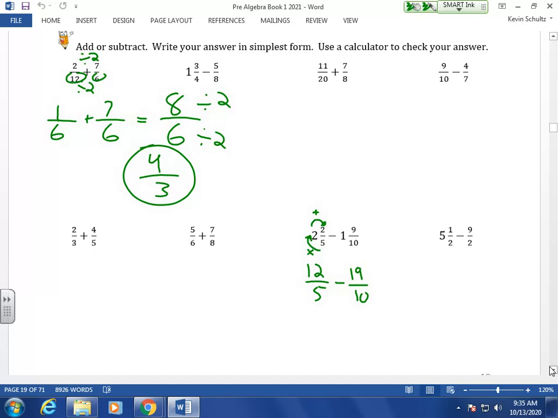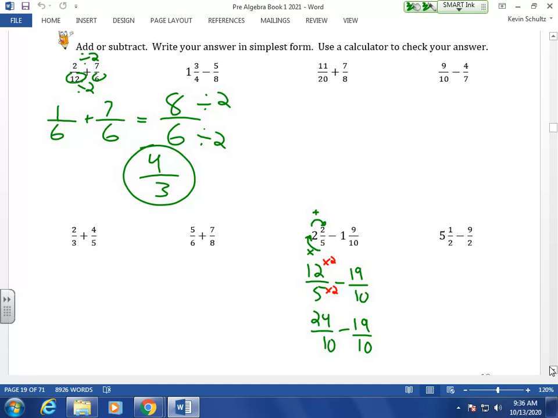Yeah, it is 10. One fraction is already written with the denominator of 10. The other one, we're going to have to multiply both 12 and 5 by 2 to get there. So we get 24/10 minus 19/10. Now we're in business.